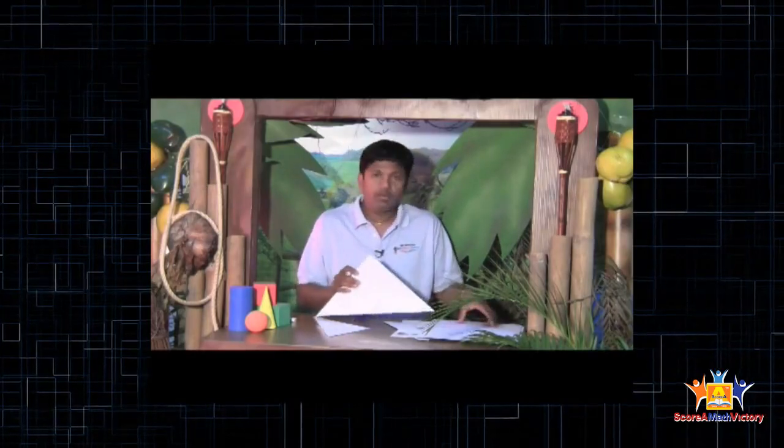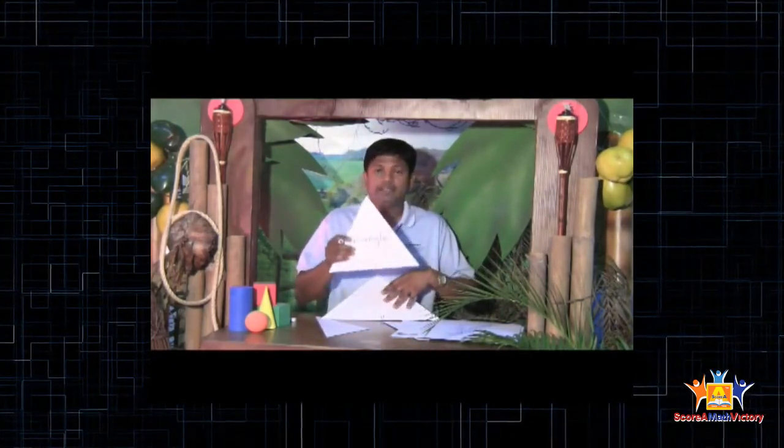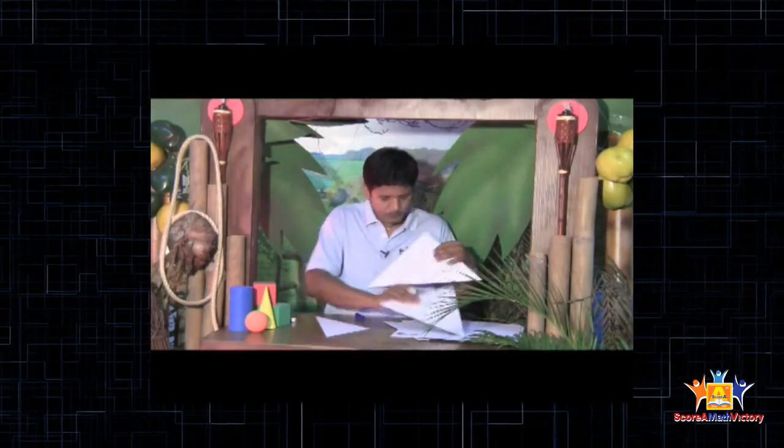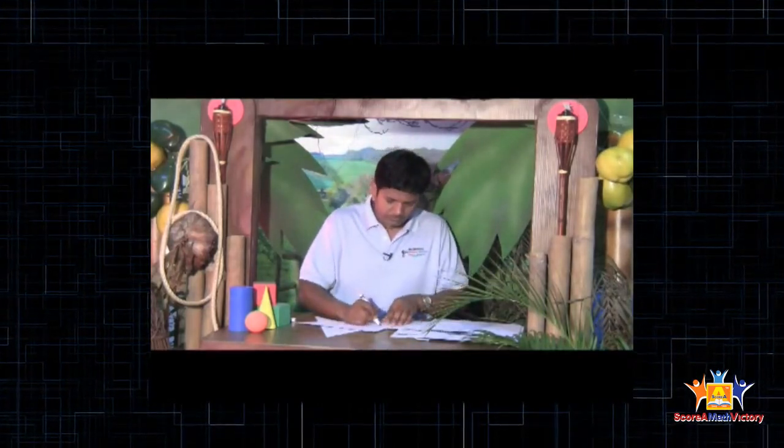Now with the equilateral triangle, all three are the same length, but still it is a triangle. And all these are triangles. Good. So let's write down. This is also triangle. Right now you don't have to know the terms equilateral, isosceles. I just want to give you a heads up. You're a Math Victory student, so there are some terms that I want you to know.